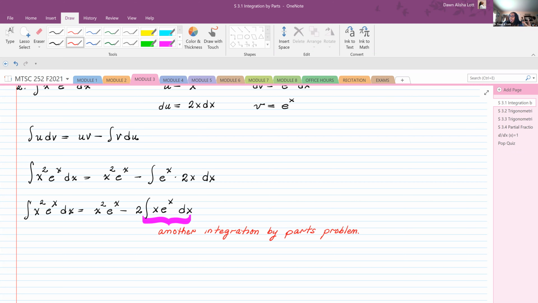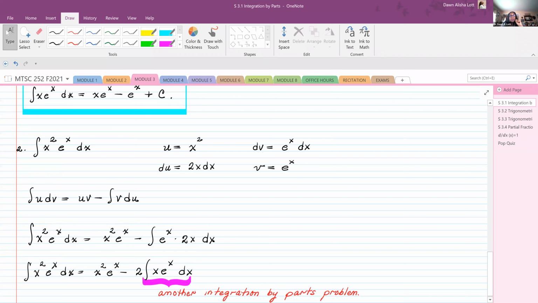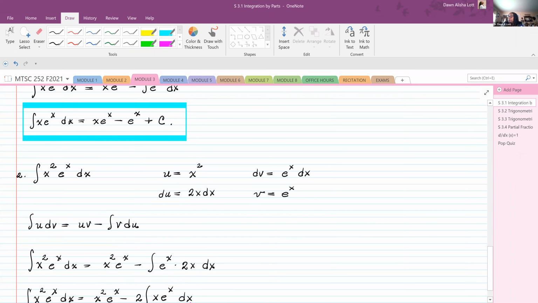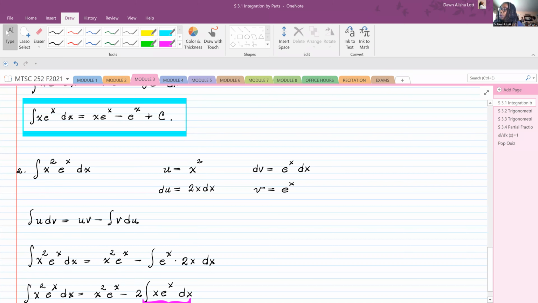Okay, here's the thing. We already computed that. We just did it. There it is. So we already know that the integral of x e to the x is x e to the x minus e to the x.